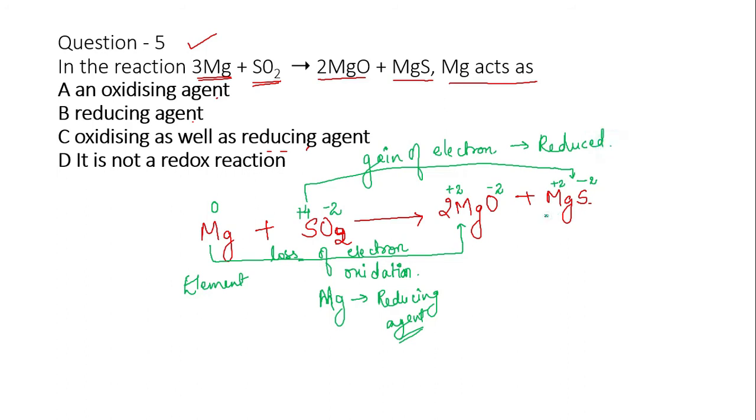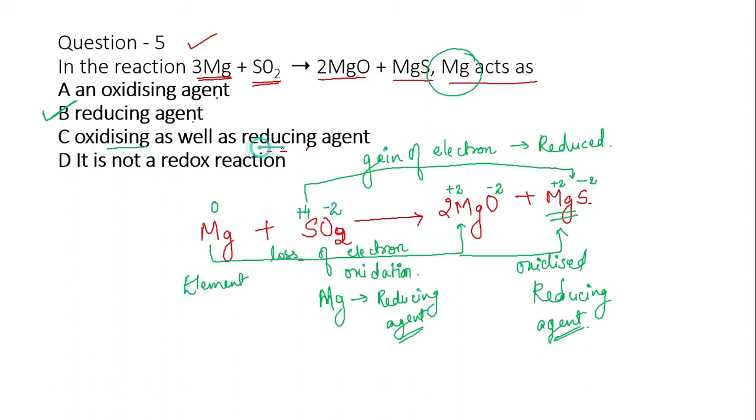But also Mg in this case is getting oxidized. And when something is getting oxidized, it will act as a reducing agent. I hope it is clear. So accordingly Mg here acts as a reducing agent.